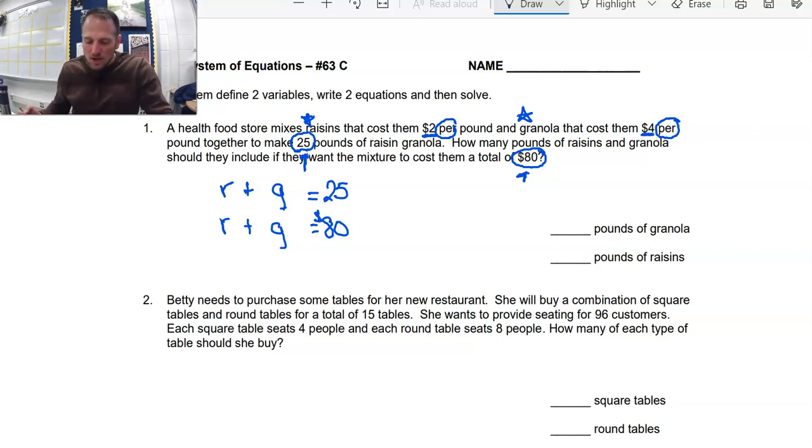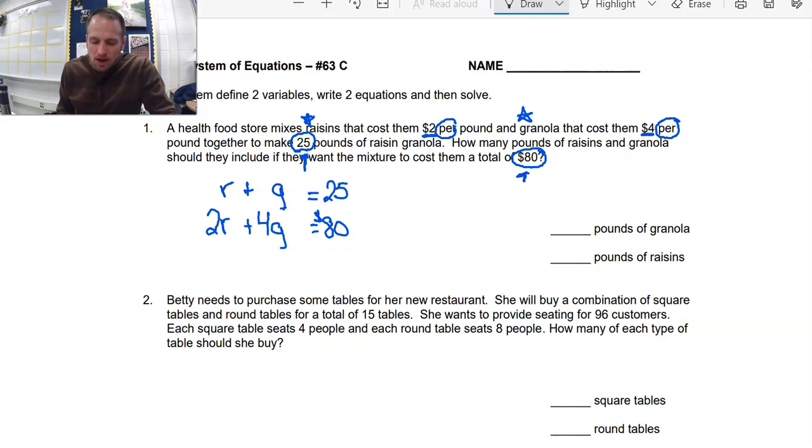So where is that $2 going to go? On the top or the bottom? Well, it's going to go on the bottom because that's where the dollars are, $2 and $80. So raisins are $2 per pound, and the granola is $4 per pound. And that's going to give us the $80 total. And then on the top, the pounds of raisins plus the pounds of granola have to equal 25.